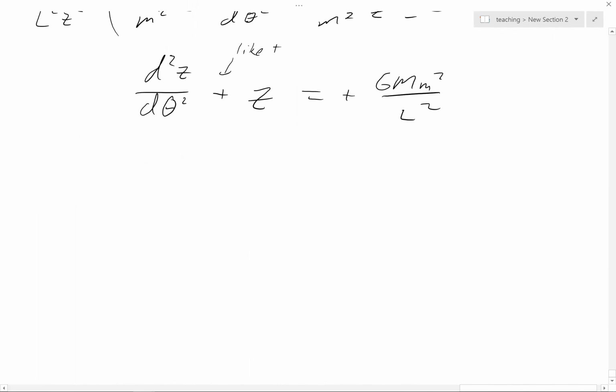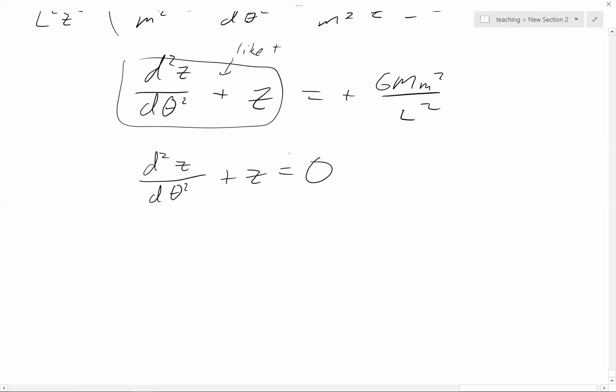Because now I recognize this as being a very, very simple equation. This side, the solution is cosine, right? So if you remember your differential equations class, which I know many of you taking Cal 3 have not had, basically if you want to solve something like this, you solve the equation with that side 0.